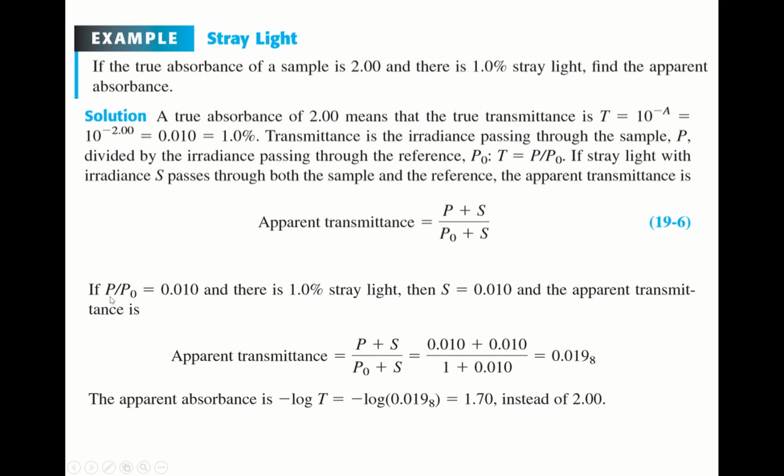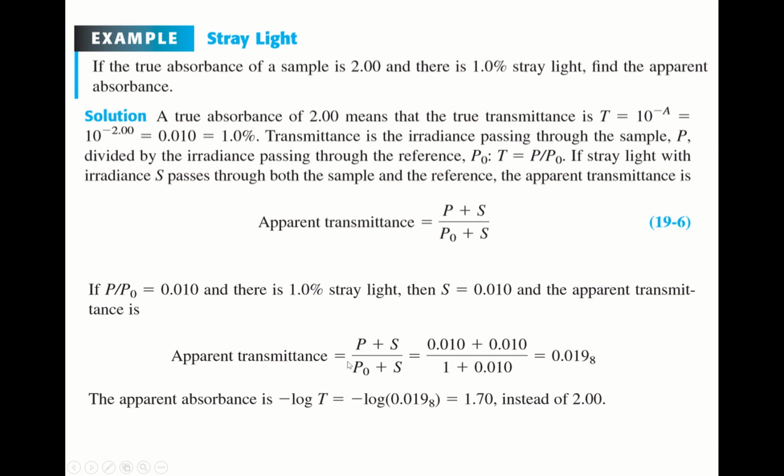In this case, for true absorbance of 2, P over P0 is 0.01. There is 1% stray light, so stray light is 0.01. Now you recalculate.